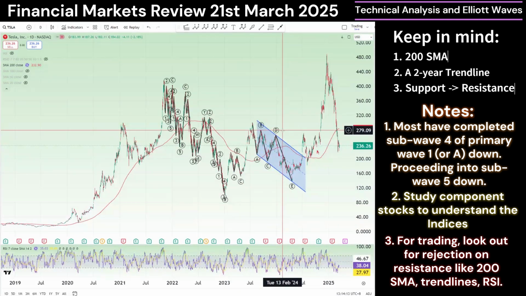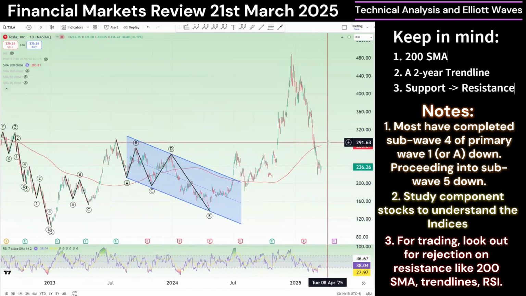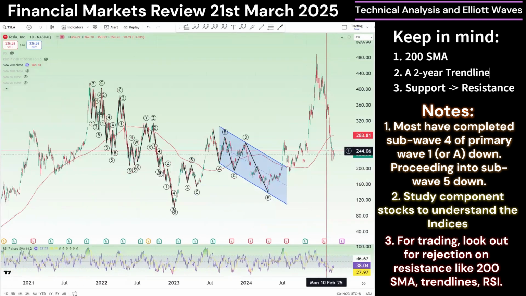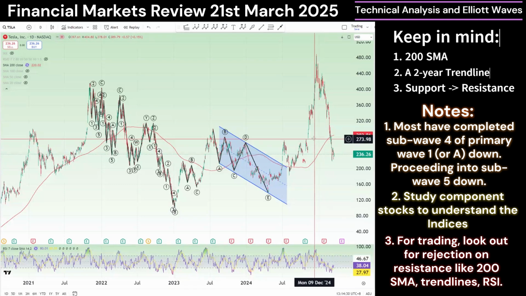What I can say is that, similarly, monitor the 200-day moving average. And if you are like me, you are bearish on the macro view, you can find opportunity to short it or sell your longs.